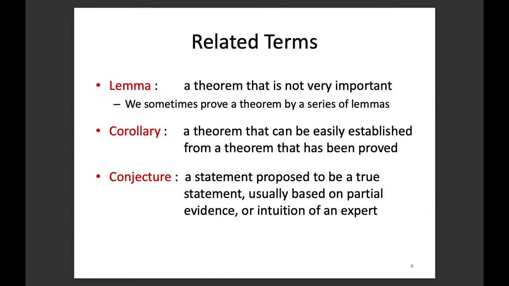And most people now believe it is the case that P is not equal to NP, so we will use this as a conjecture or assumption in some mathematical articles, and then show the results based on this assumption. Okay, so this is conjecture.